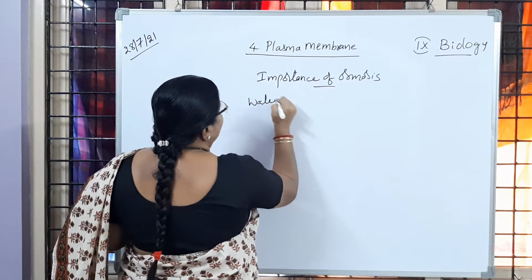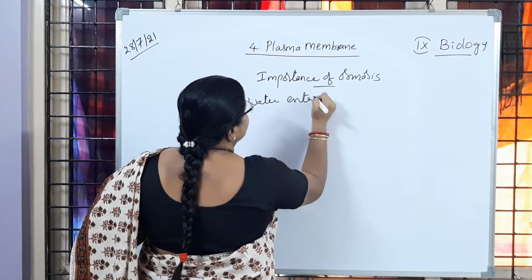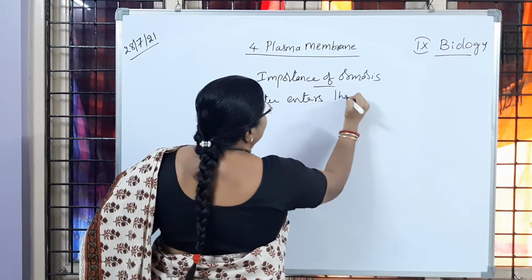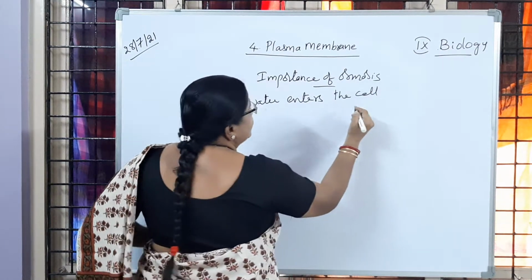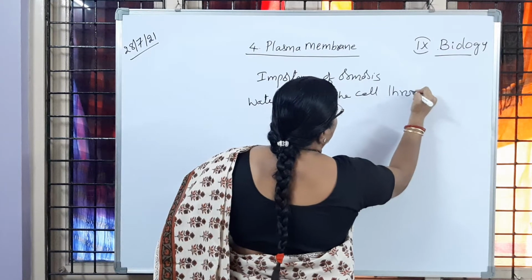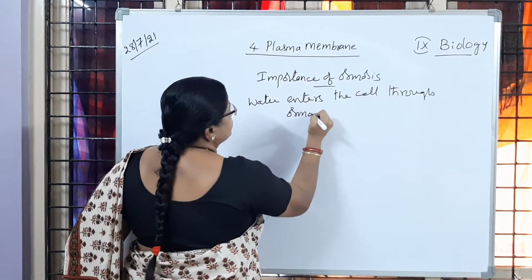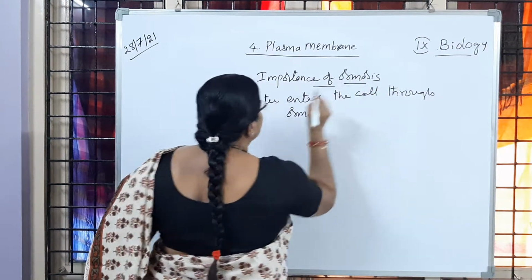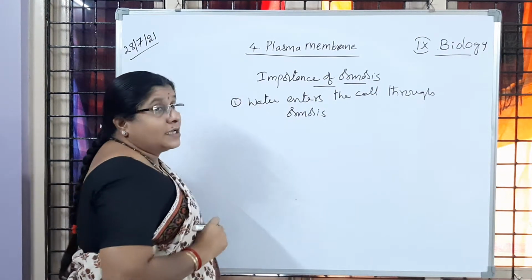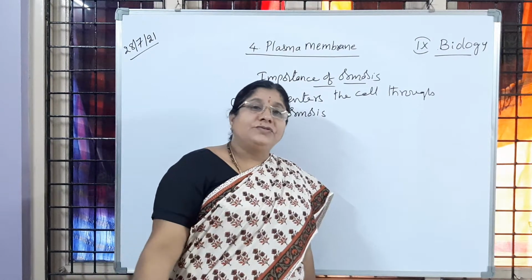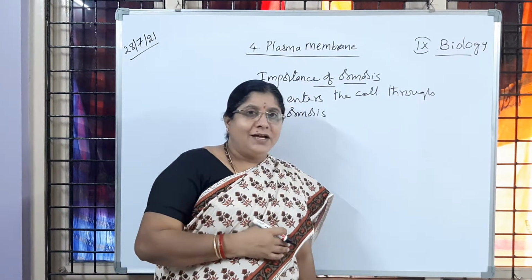Water enters the cell through the process of osmosis. Because of this osmosis process only, the water from the soil is going to enter inside the roots.